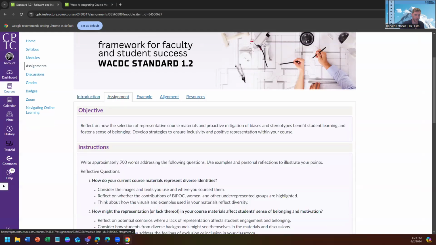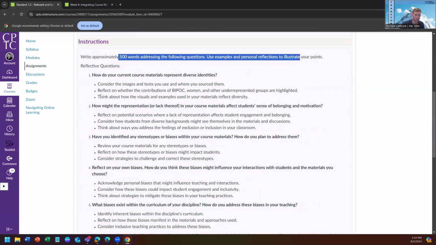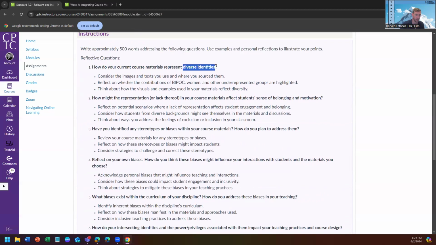Our assignment is a 500-ish word self-reflection. Here are some questions that you can think about. So some examples here. How do your current course materials represent diverse identities? How might representation in your course materials affect students' sense of belonging and motivation?